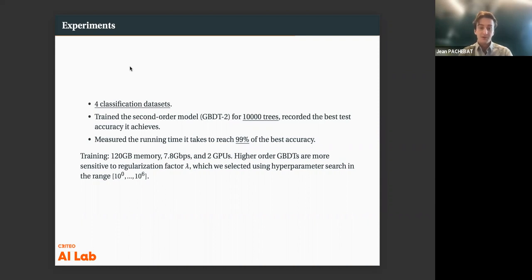Training was performed on Criteo machines. Here are the specifications if you want to take a look at them. One point to state is also that higher order GBDTs are more sensitive to the regularization factor lambda, and we selected it among a range of lambda values from 1 to 1 million.